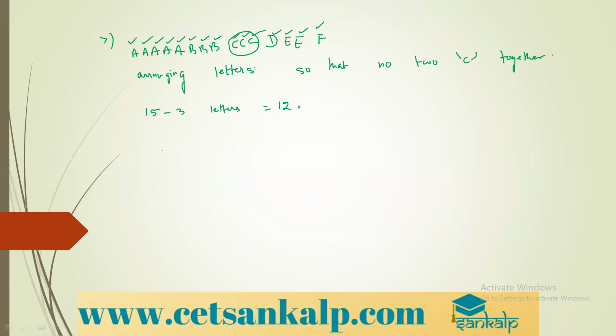So without any condition, we are arranging these 12 letters. That can be done in 12 factorial by 5 factorial, 3 factorial, and then EE, 2 factorial.